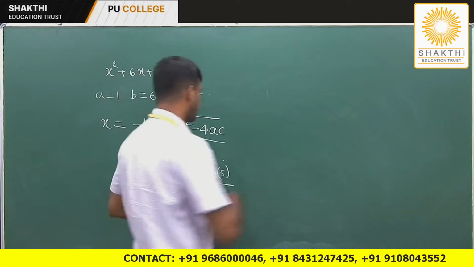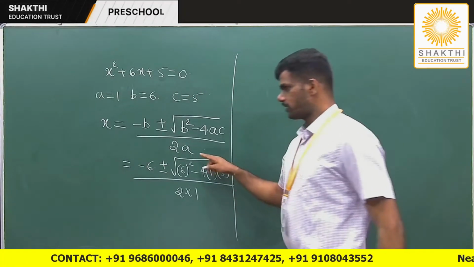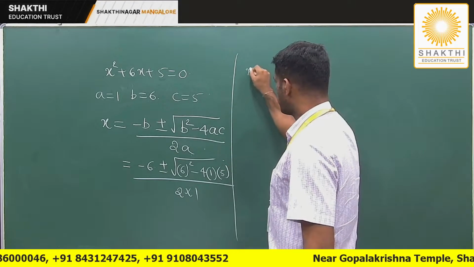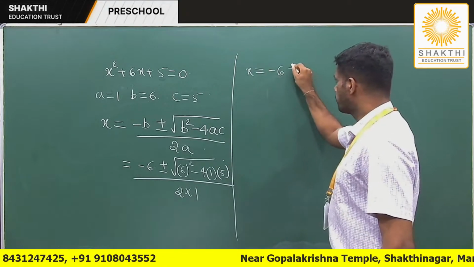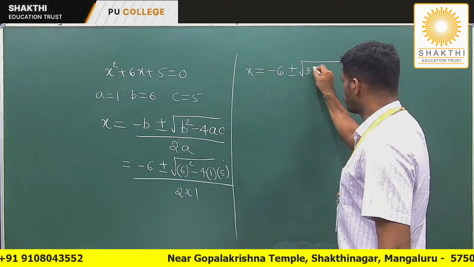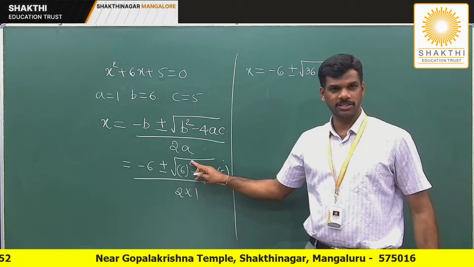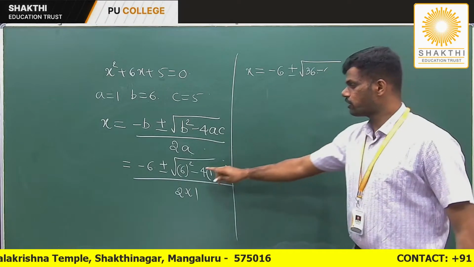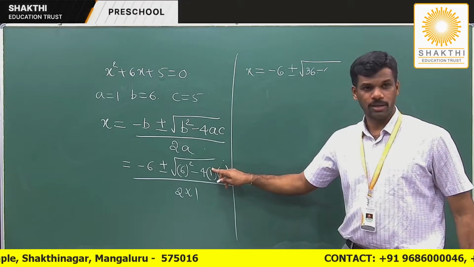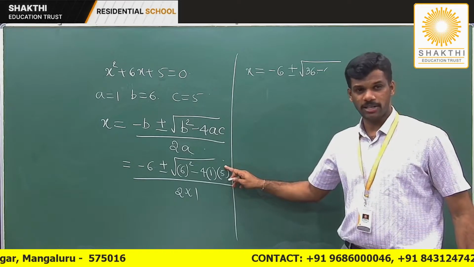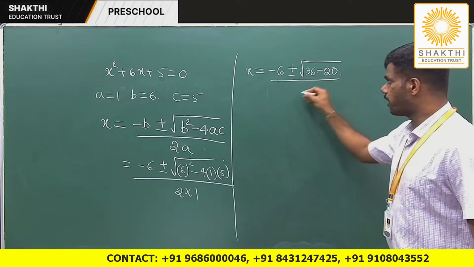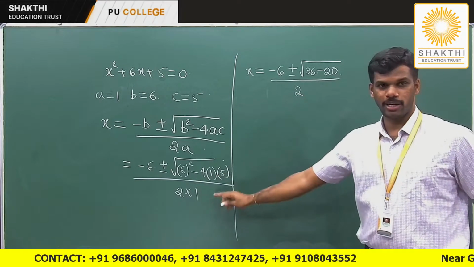Let me come to the next step. Let us simplify this. How to simplify this? I simplify it as x is equal to minus 6 plus or minus root of 36, because you know 6 square is 36. And then I say minus 4 into 1 is 4 into 5 is 20. So the answer is 20 whole divided by 2, because 2 into 1 is 2.